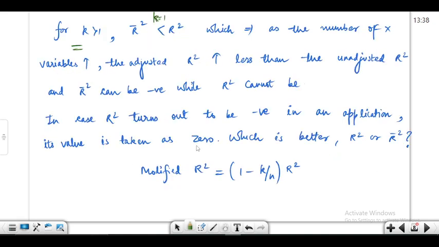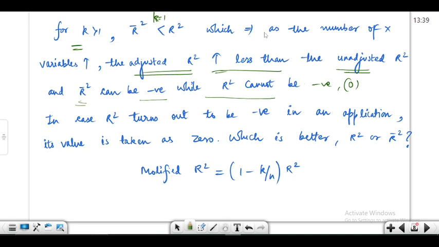But if k is more than 1, this implies that as the number of x variables increase, adjusted R square increases less than the unadjusted R square, and adjusted R square can be negative, while R square cannot be negative. It can be 0, but it cannot be negative, right?